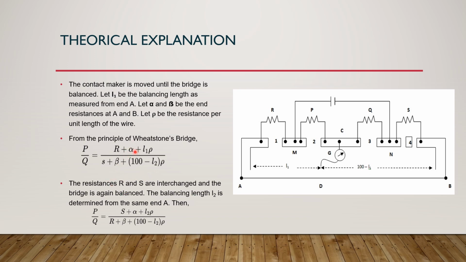To eliminate these end resistances alpha and beta, we can interchange R and S, and again the bridge is balanced.